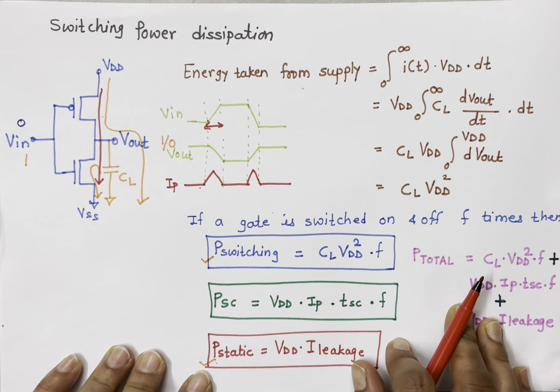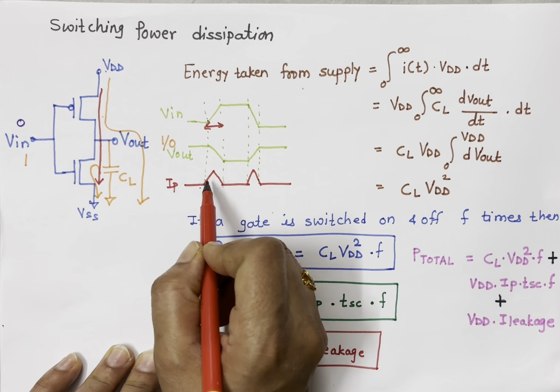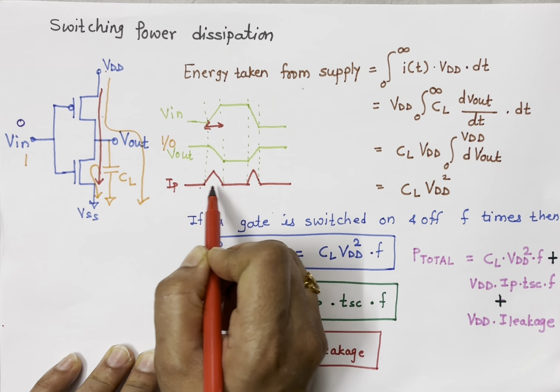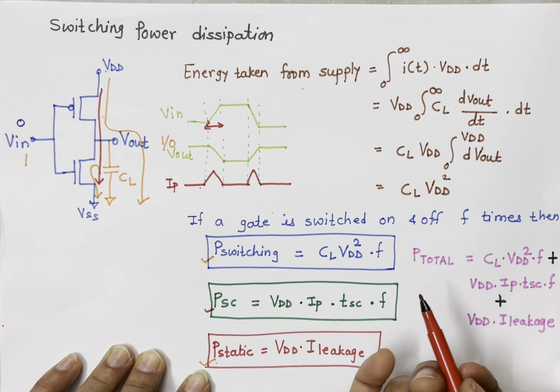So short circuit power dissipation is VDD, supply voltage, into current, of course power is V into I, into TSC, that is this time, into F, that is how many times this is happening.